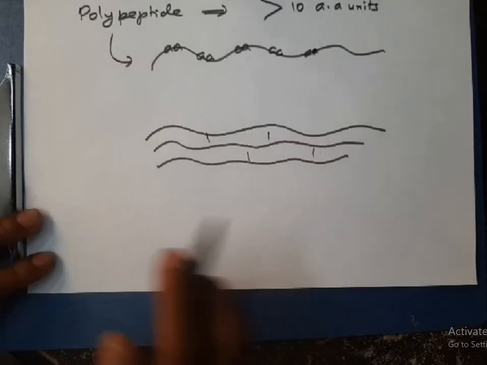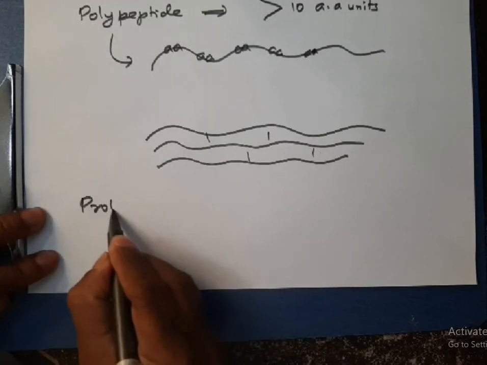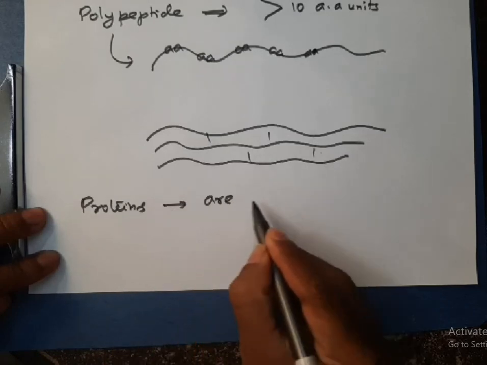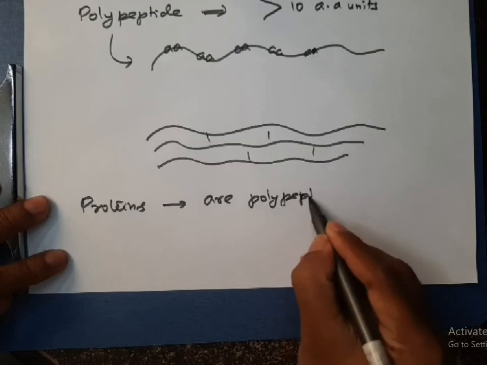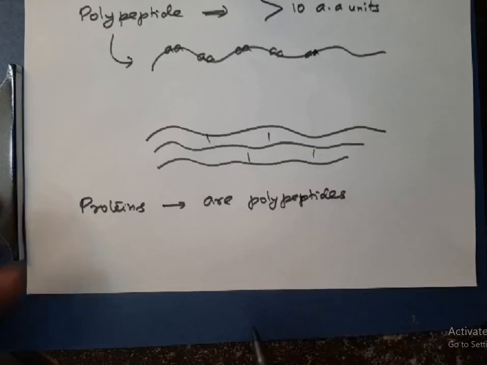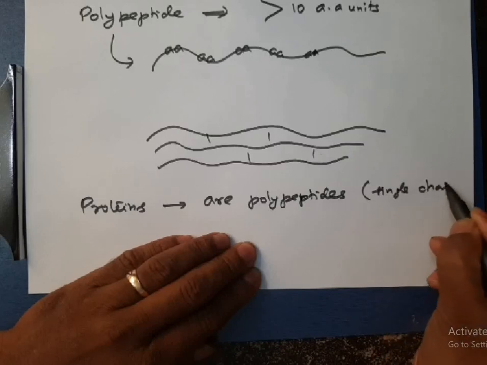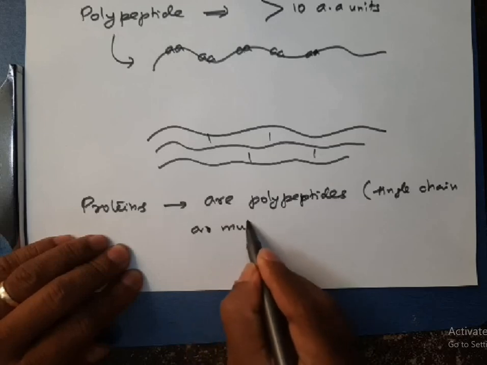So now you know what is meant by protein. What are proteins? Proteins are polypeptides, maybe a single chain or multiple chains.